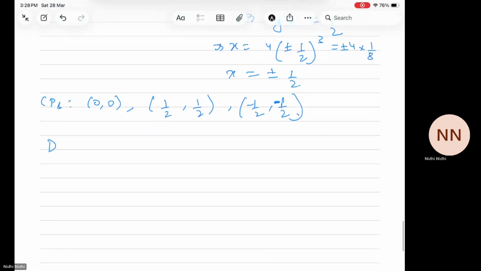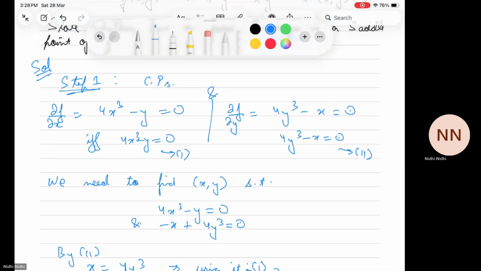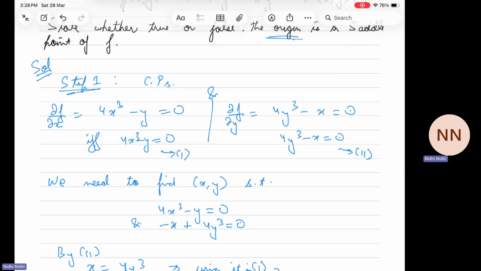So we take the second derivatives. Del 2f by del x square is 12x square, and del 2f by del y del x is equal to minus 1.